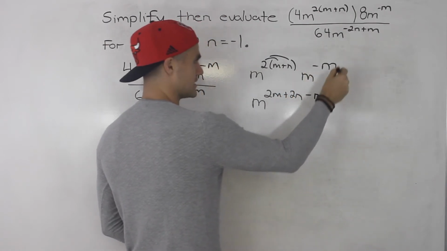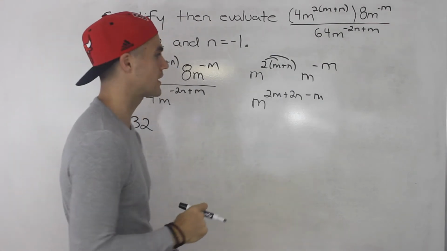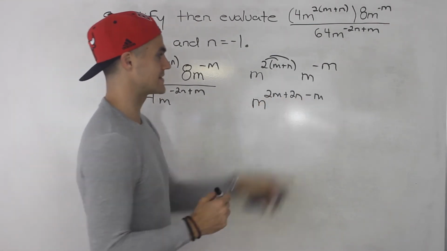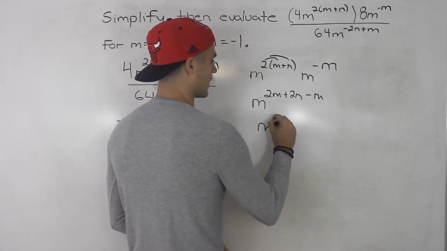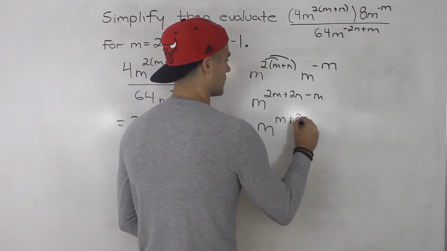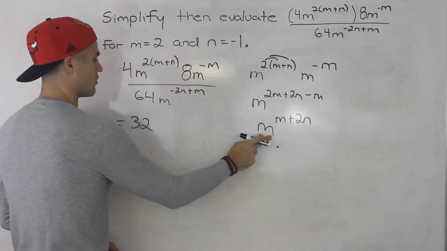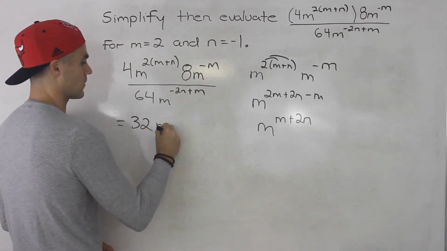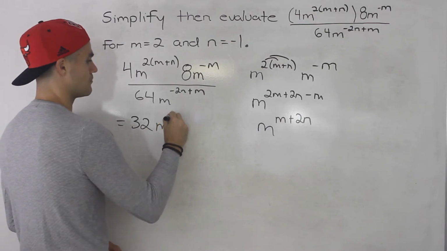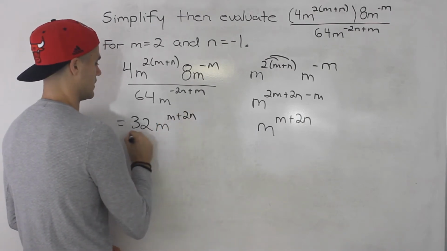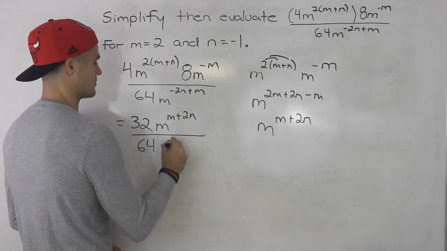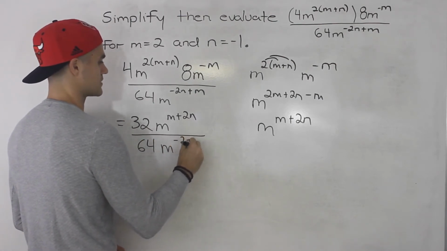It's like plus minus m, so it just ends up being a minus m here. And then notice the like terms, 2m minus m, that would just give us 1m. And then we have 2n. So this is what these two exponents simplify to in the numerator, m to the power of m plus 2n. And this is going to be all over 64 times m to the power of -2n plus m.